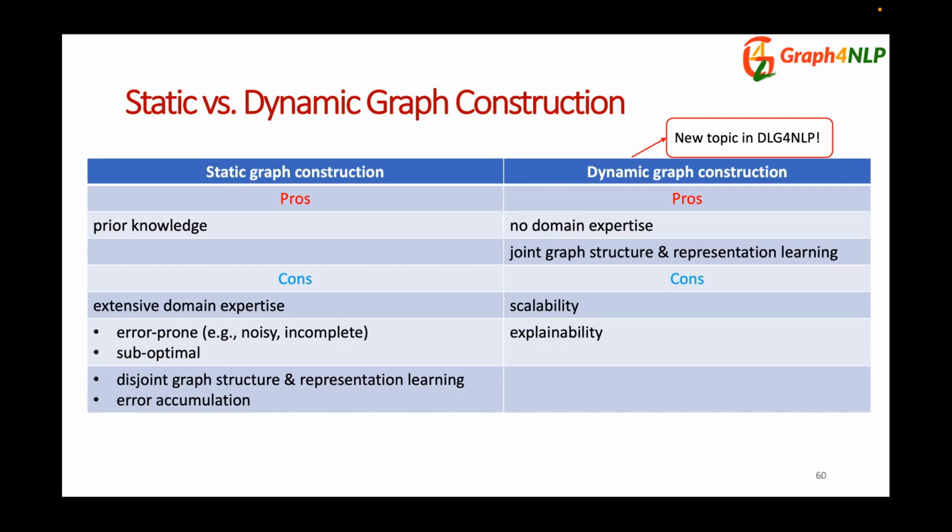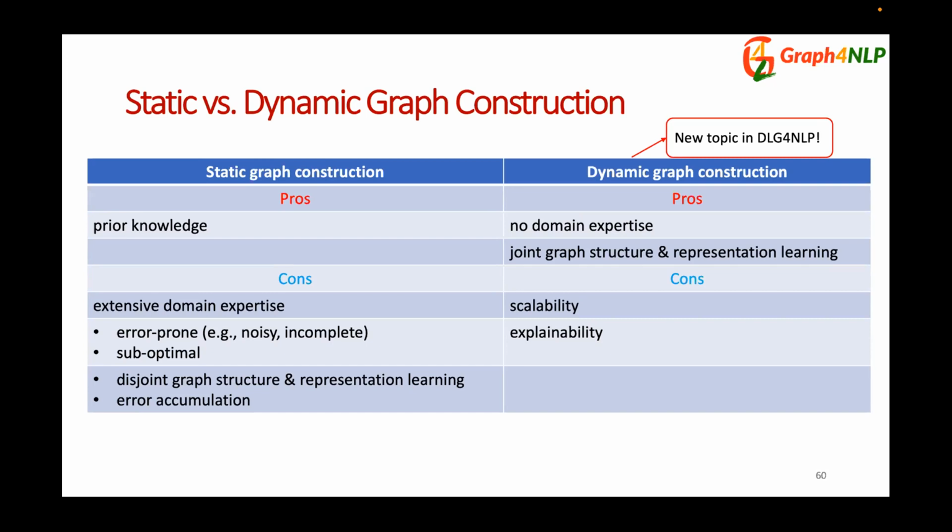Currently, dynamic graph construction also has some disadvantages, such as the scalability issue, because we need to compare the pairwise node similarity, which requires at least O of n squared. And also the explainability issue, if in some applications, explainability of the graph construction is an important factor.